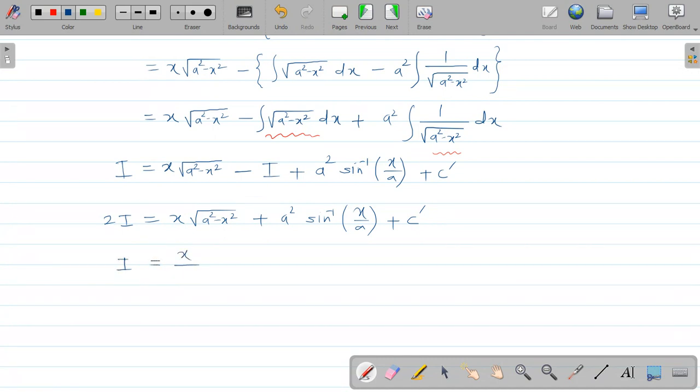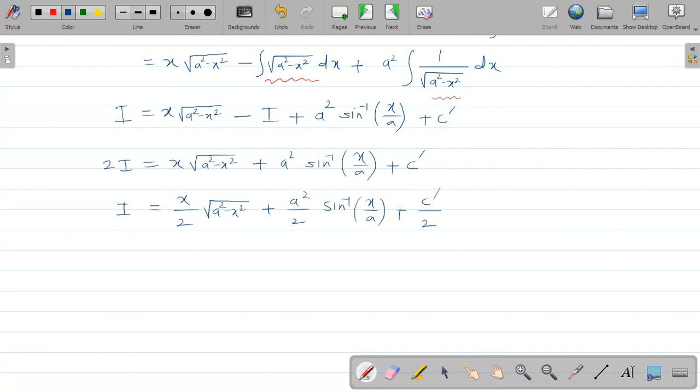So you will get x by 2 into root of a square minus x square, plus a square upon 2 into sine inverse of x upon a, plus c dash upon 2, and hence you will get the integration of the given function as x upon 2 root of a square minus x square plus a square upon 2 sine inverse of x upon a, and in place of c dash upon 2 you can write c.